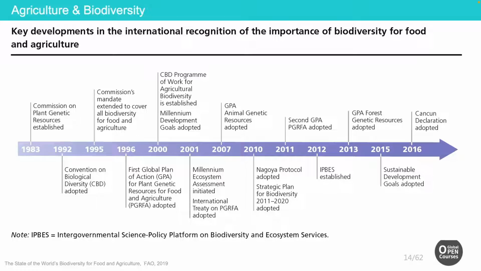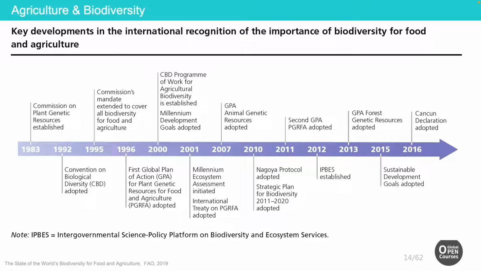In 2012, another milestone was the establishment of IPBES, which stands for Intergovernmental Science-Policy Platform on Biodiversity and Ecosystem Services. It is intended to serve a similar role to the IPCC, the Intergovernmental Panel on Climate Change.